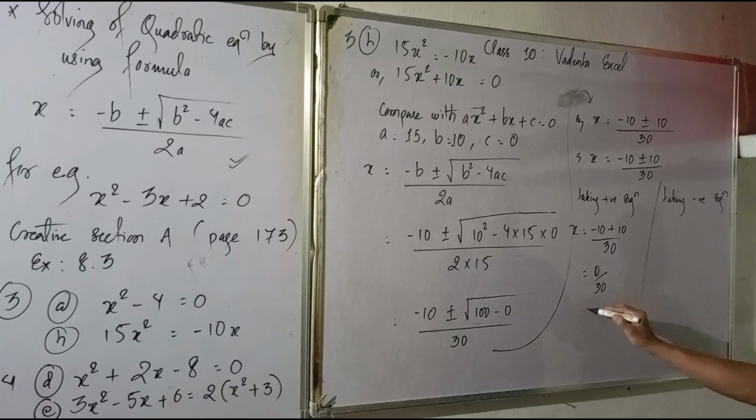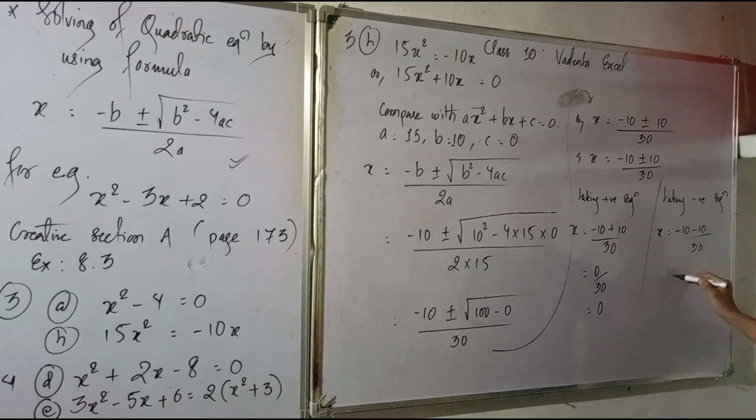While taking the positive sign, this becomes minus 10 plus 10, it becomes 0 by 30, that means 0. Now another one, while taking the negative sign, minus 10 minus 10 divided by 30, this becomes minus 20 divided by 30, now this becomes minus 2 by 3. Therefore there are two values for x, one is 0 and another is minus 2 by 3.